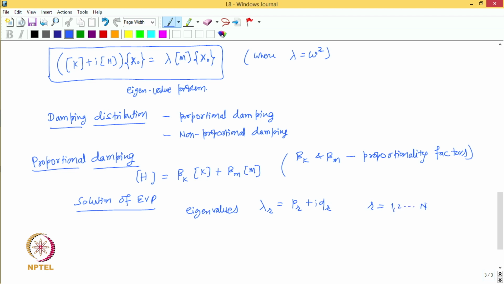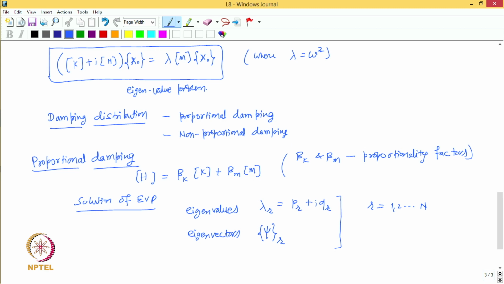Assuming the system to have n degrees of freedom, there will be n complex eigenvalues, and we will also have corresponding eigenvectors, which we represent by psi r, with r varying from 1 to n. So, this is what we get: eigenvalues and eigenvectors, n of each.